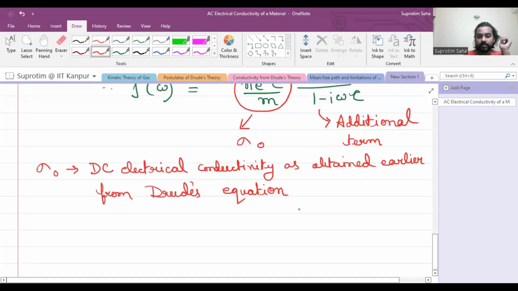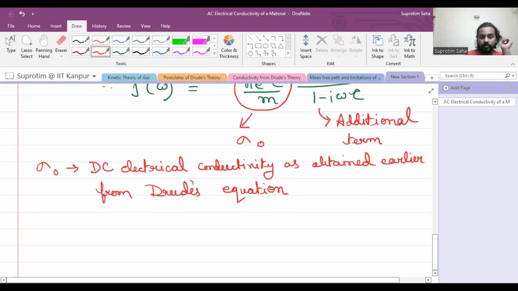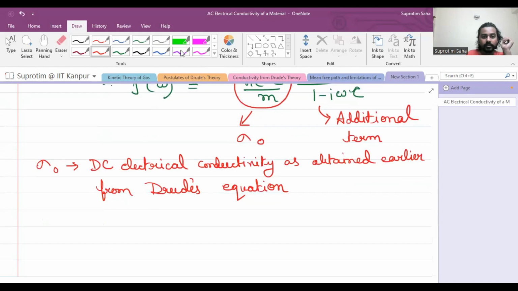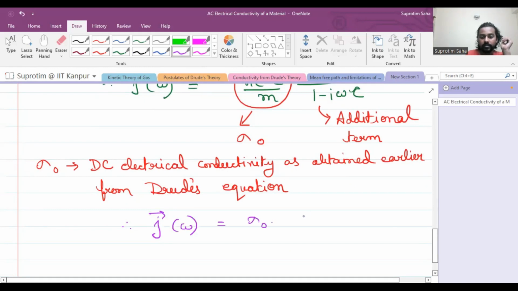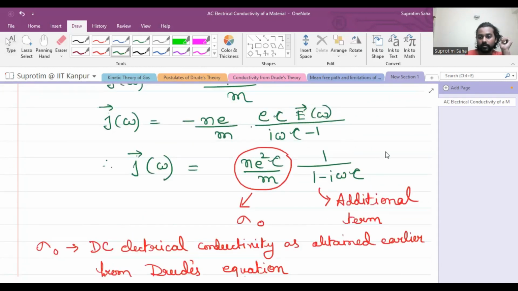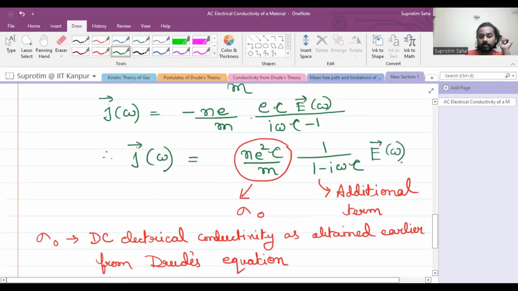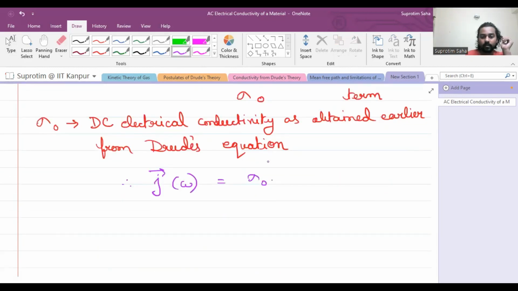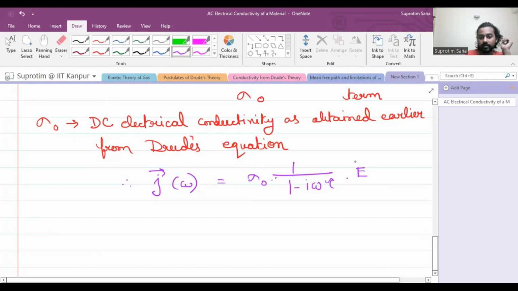Fine. So therefore J vector omega equals sigma naught into, sorry, there should be E vector, into 1 by (1 minus i omega tau) into E vector.